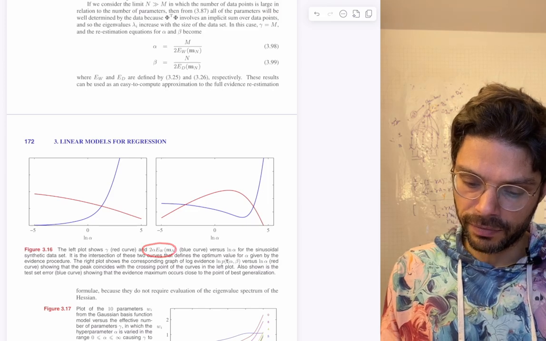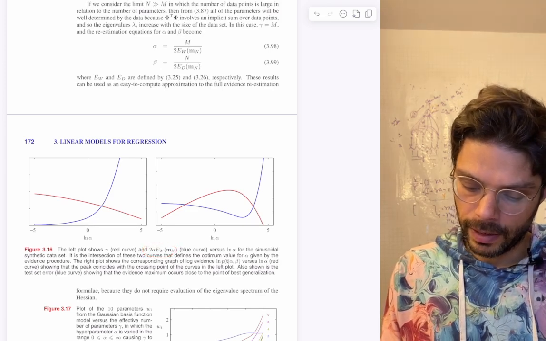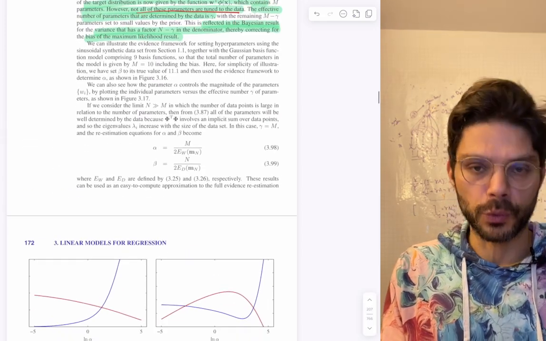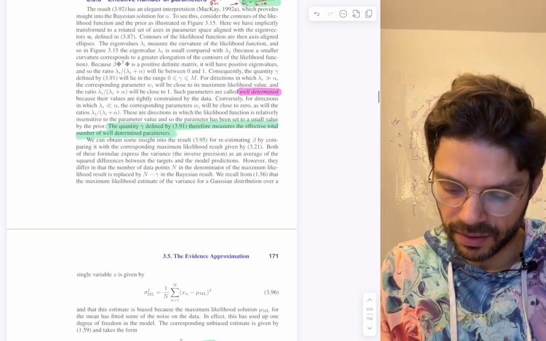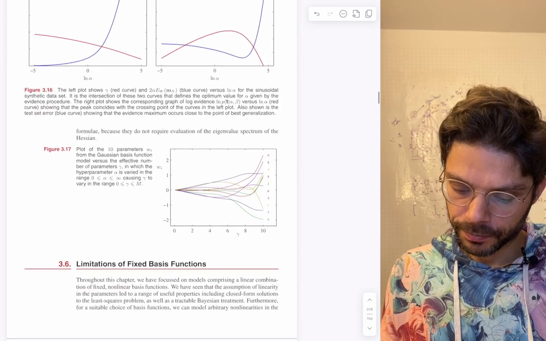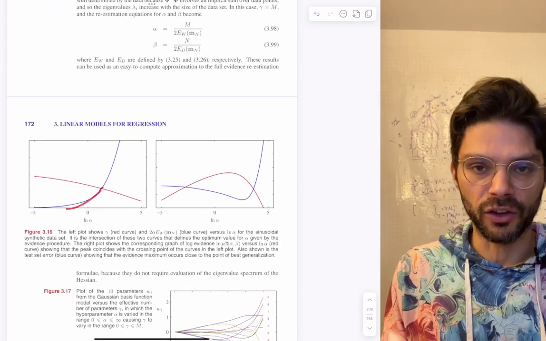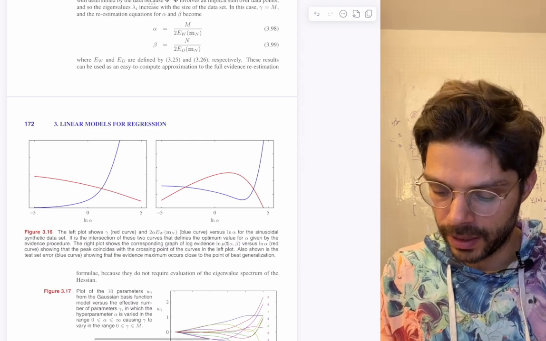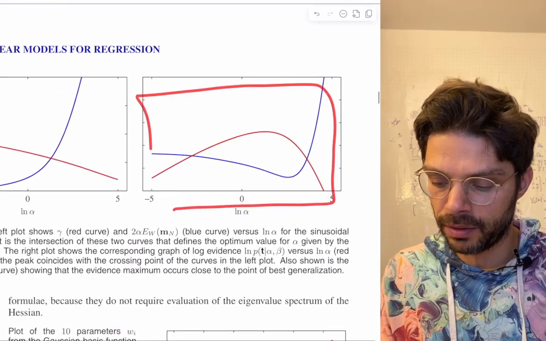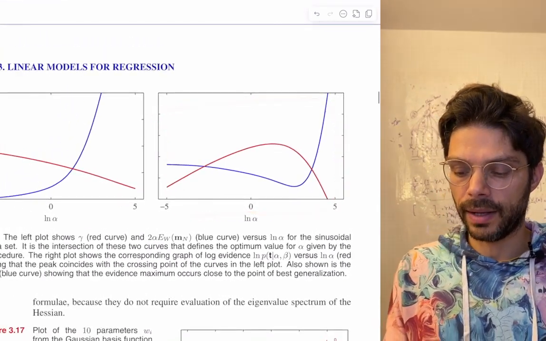And this term 2 alpha, which I think came up when we were estimating alpha iteratively. Then the intersection tells you what the optimal value of alpha should be. In the next plot, he's showing what the performance is.